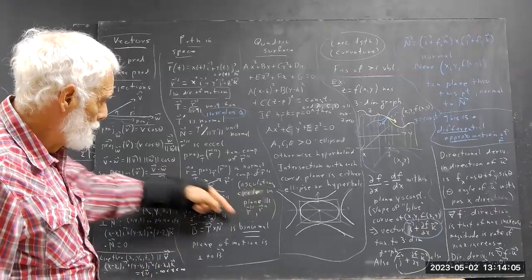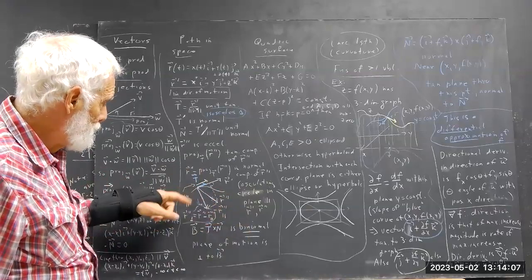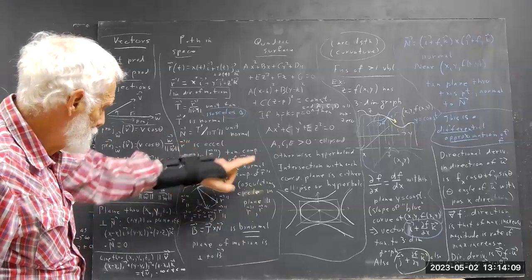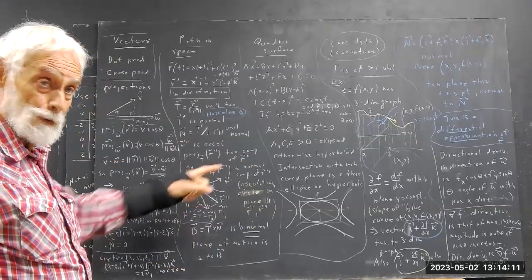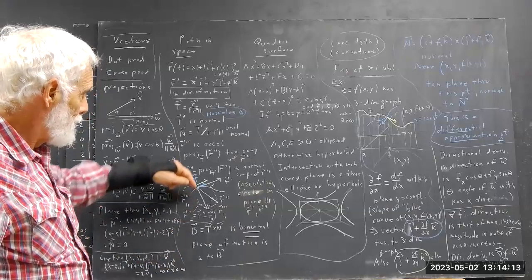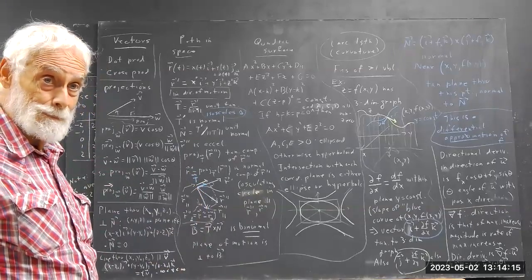Here is your r double prime. It's got a component in the direction of motion, the direction of the unit tangent vector, and it's got a component perpendicular.